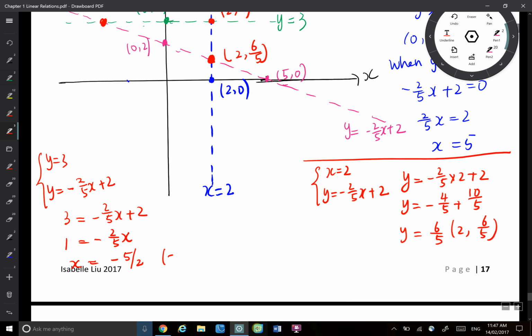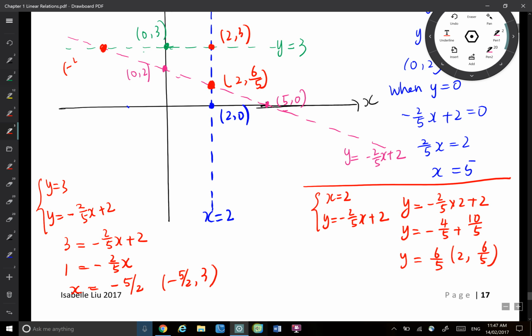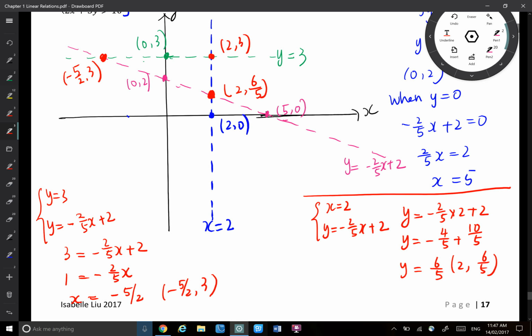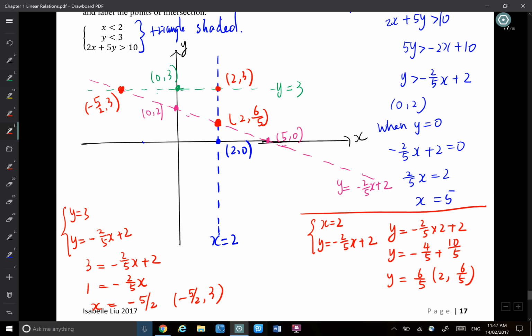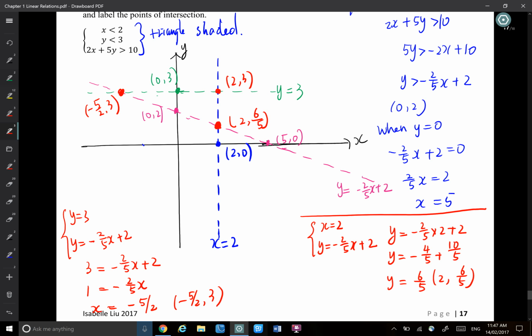So this point will be minus 5 on 2 comma 3. Okay, minus 5 on 2 comma 3. So this point is here. You see that? Okay, basically I'm just trying to find all the points of intersection.